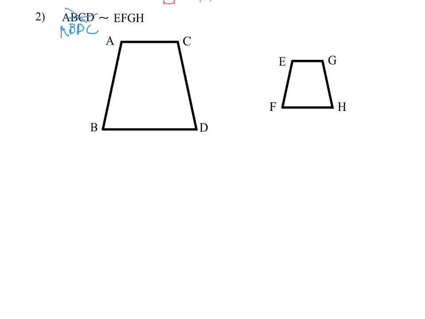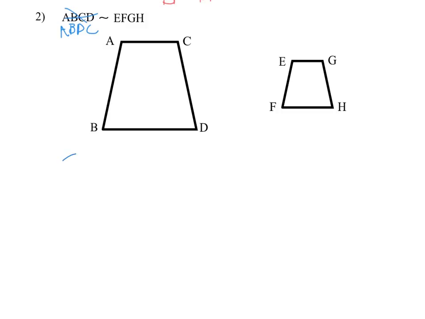I went ahead and fixed the name of the trapezoid for problem number 2. We're supposed to say that it's ABDC, with the way that the angles are labeled there. These trapezoids are a similar set of trapezoids, but they're not the exact same, so these trapezoids are not congruent.